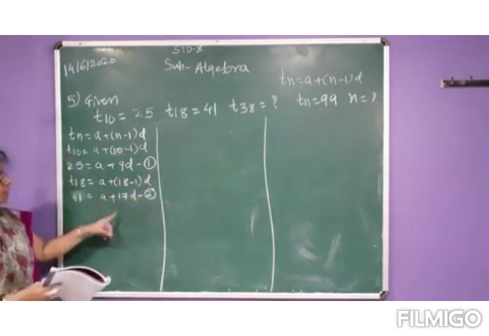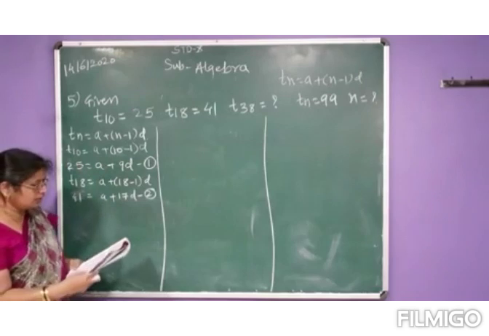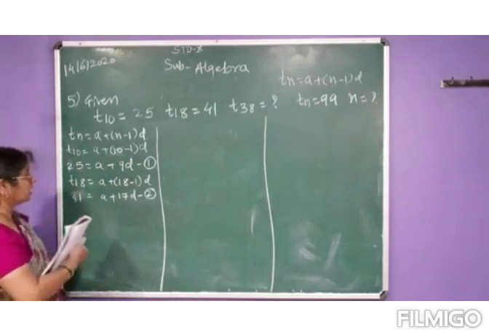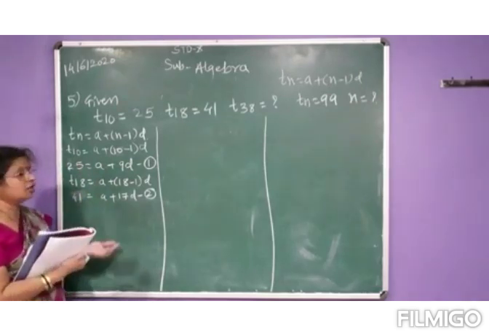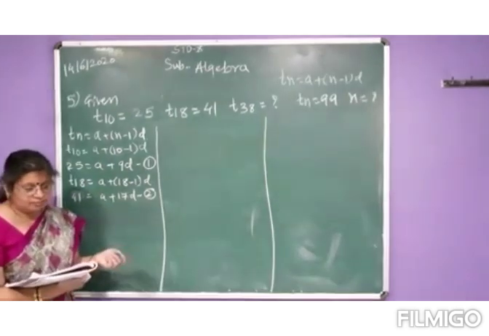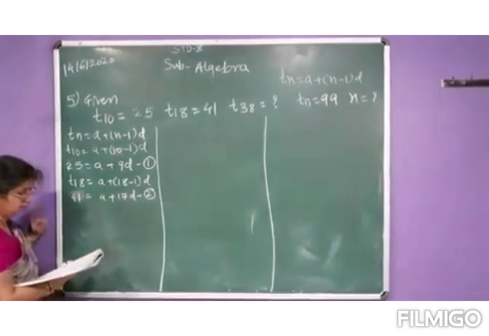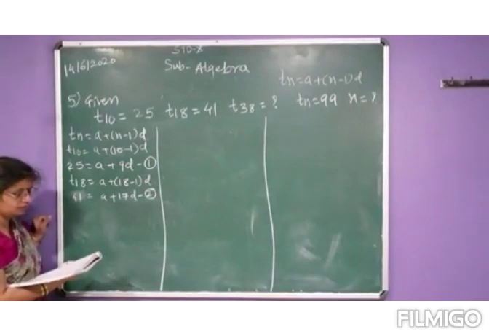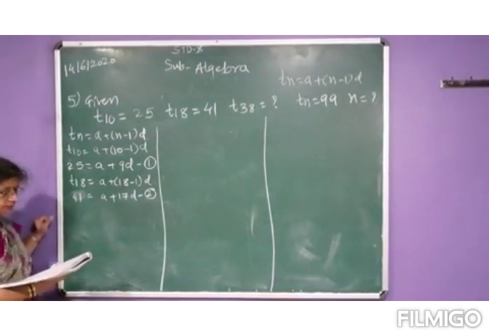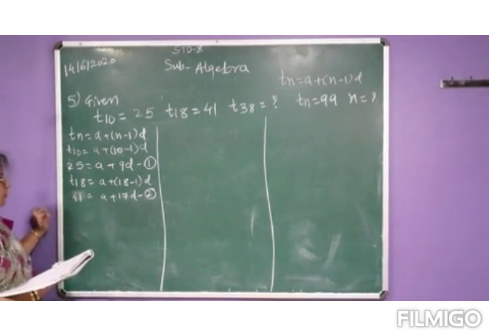Now, these two simultaneous equations you got. Here, you can use either the substitution method or the elimination method. If you see in your textbook, the substitution method is given.